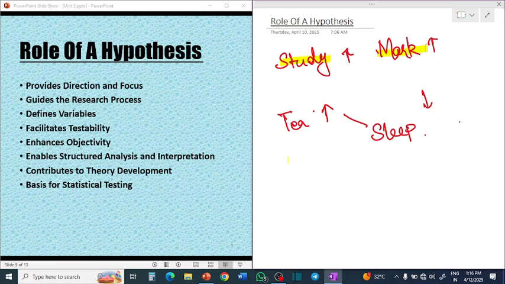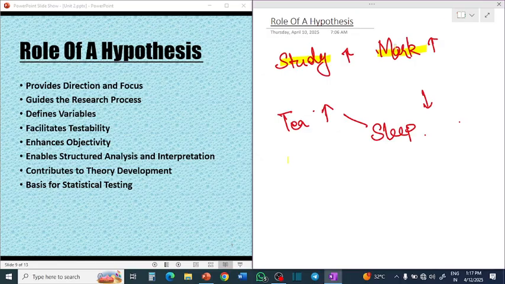Fourth one is facilitates testability. So we have to test these variables and see if the null hypothesis is true or alternative hypothesis is true. It enables structured analysis and interpretation. So after we have conducted the test, then only we can interpret the results and say whether they have effect or do not have effect on each other, and they contribute to theory development.